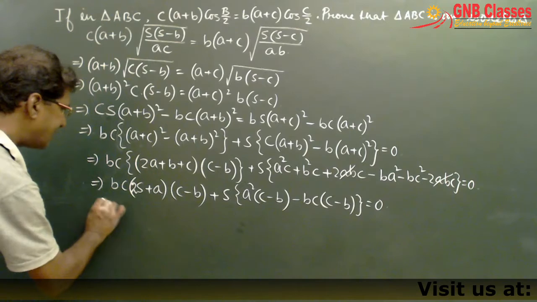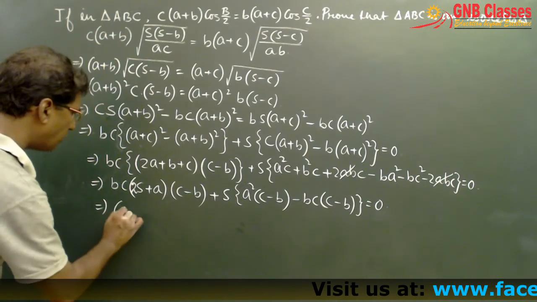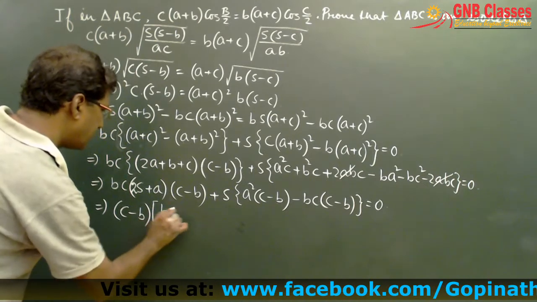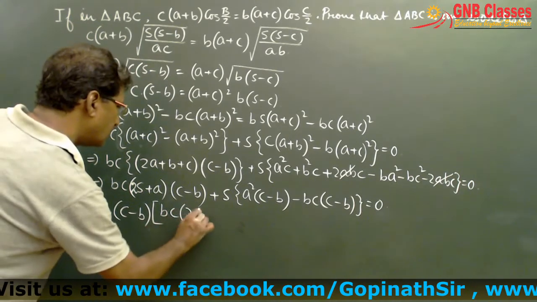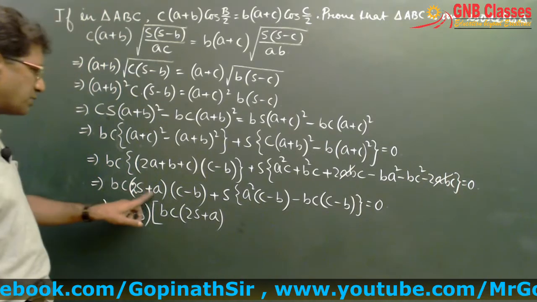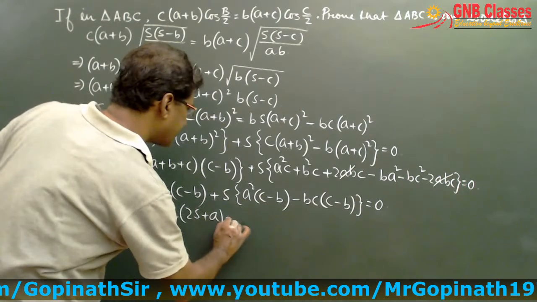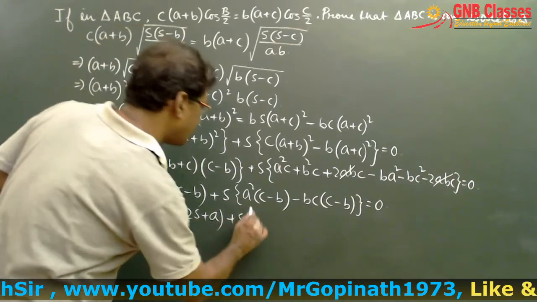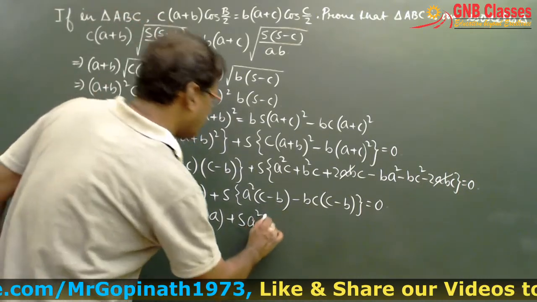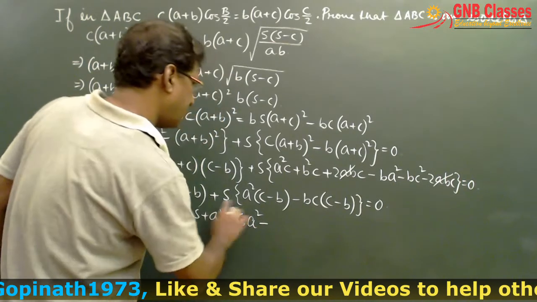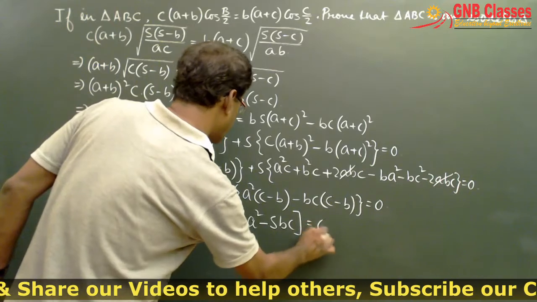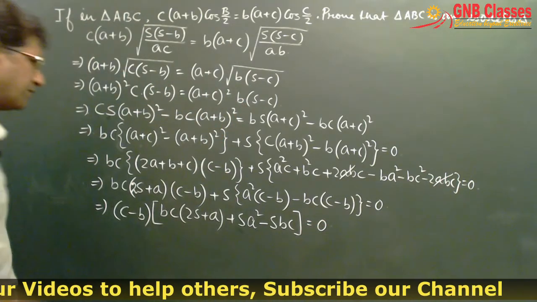Now, if I take C minus B common, so we are left with what? B into 2s plus a, BC into 2s plus a, plus s times a square minus sbc equals to 0. Is it clear?